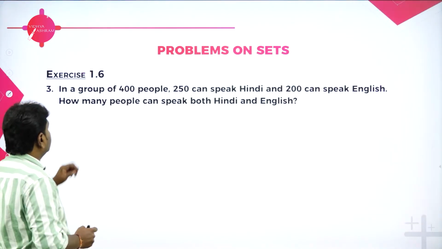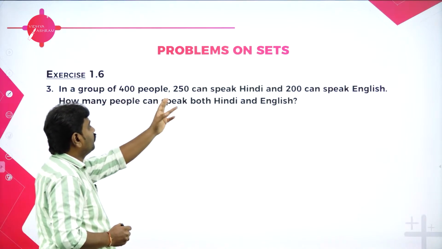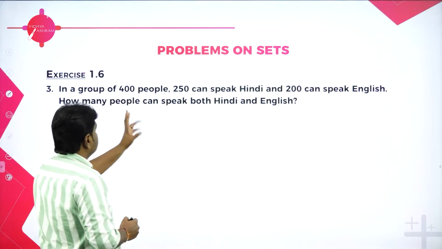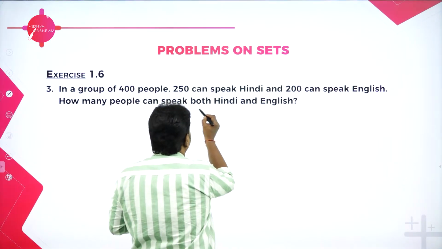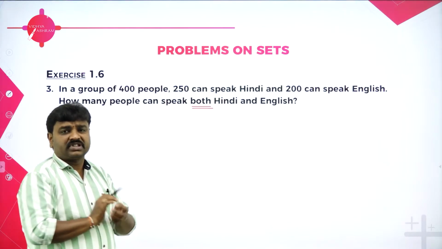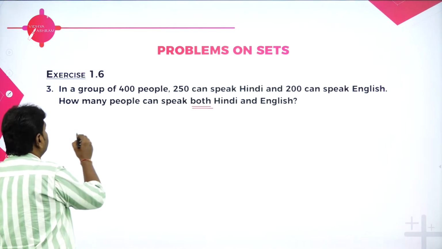Next question. In a group of 400 people, 250 can speak Hindi, 200 can speak English, and how many can speak both Hindi and English? They want you to find both. First, symbolize the sets.